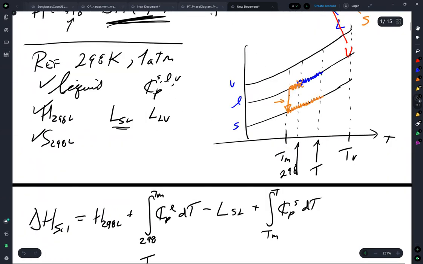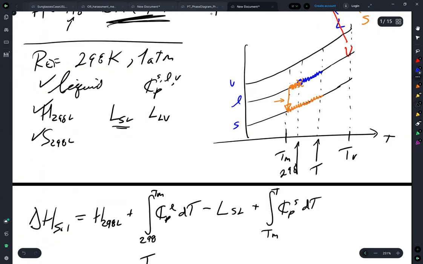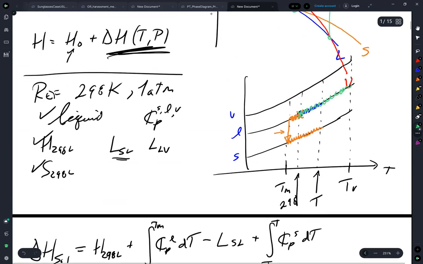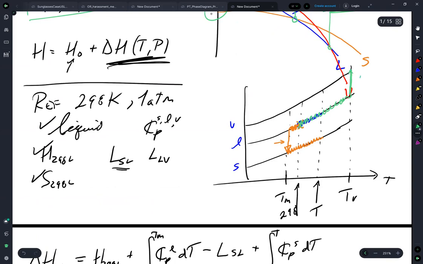And in a similar fashion for the vapor phase, I start out at the reference. Now I'm going to go up in the liquid till I get to the vaporization point, go up by SLV, and then back down until I get to the temperature of interest. So I'm looking for those 3 points on these 3 curves.